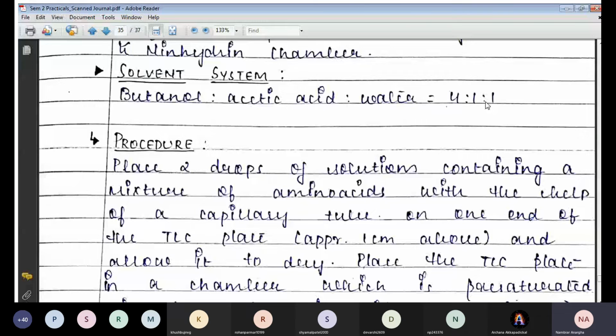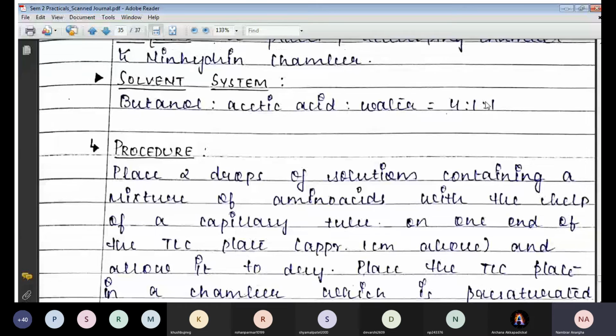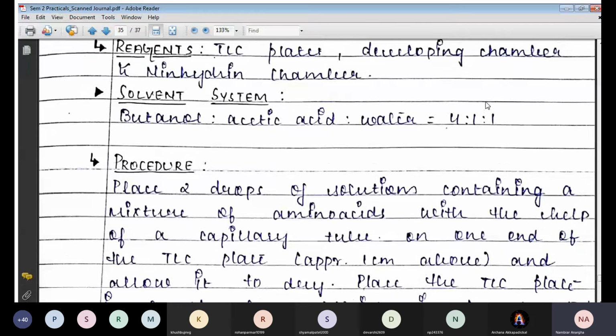Now in this case we use ninhydrin as the visualization reagent. Now what is ninhydrin? Why are we using ninhydrin here? Ninhydrin reacts with the amino group which is present in these amino acids.